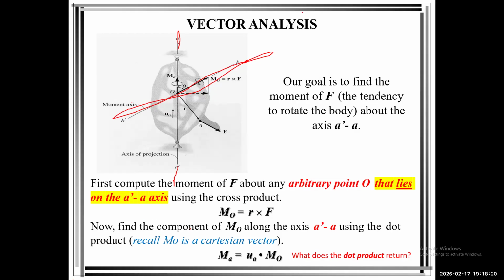Now, based on that, we can say the moment along the axis A prime A is found using the dot product. Recall that M_O is a Cartesian vector. To get the moment about the axis, which is M_A, you use a unit vector along the particular axis, U_A, dotted with the moment about the origin, M_O.